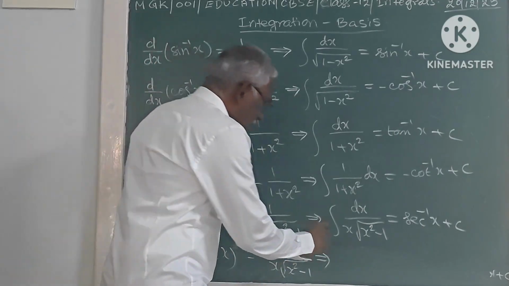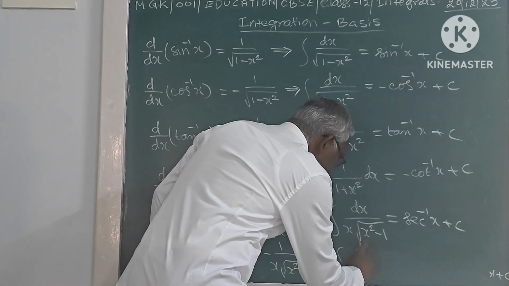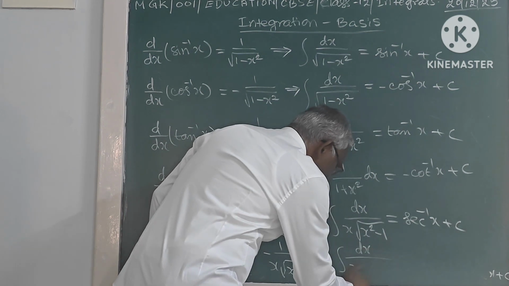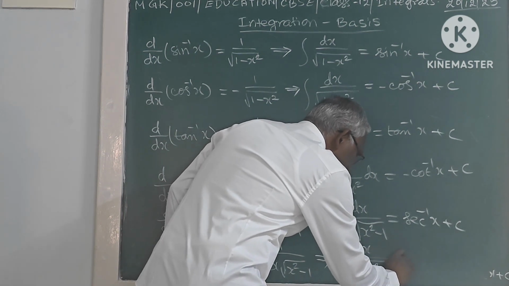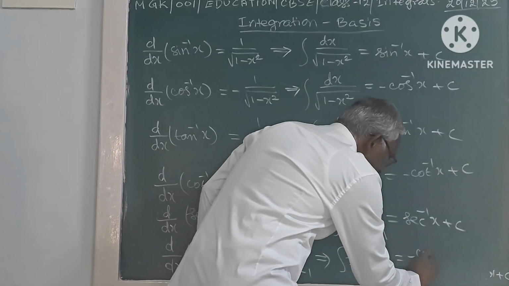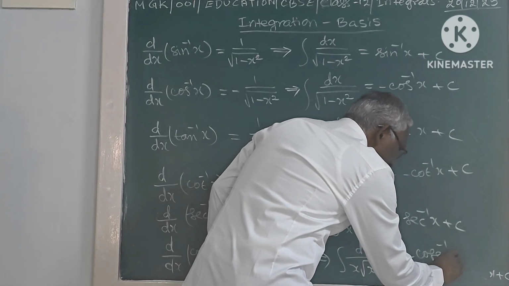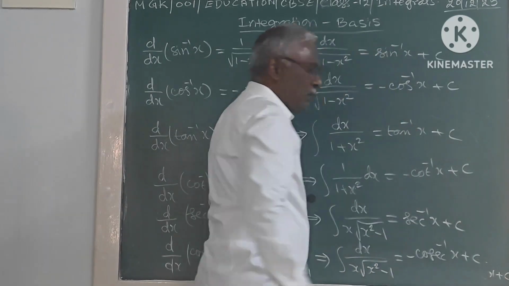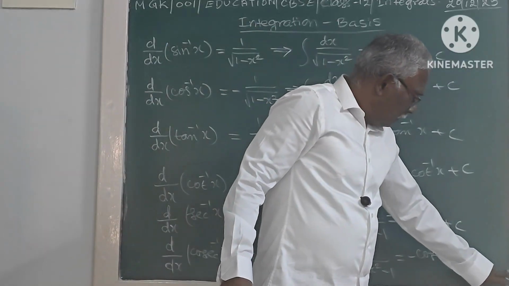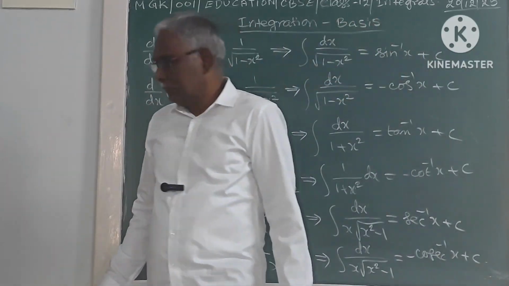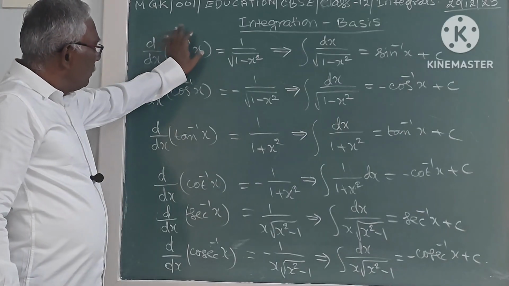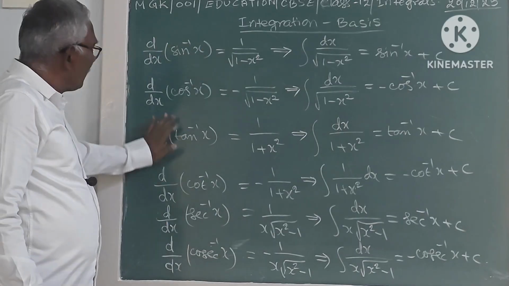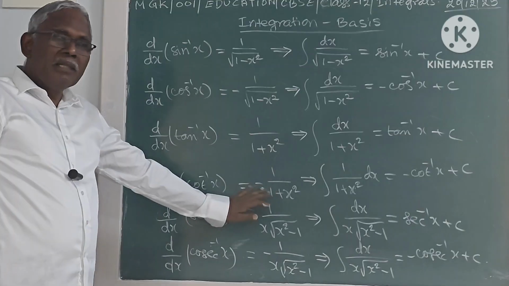In the same way, this gives integral dx by x into square root of x square minus 1 is minus cosecant inverse x plus constant. So I assume you know all these values. If you know differentiation, integration is easier.